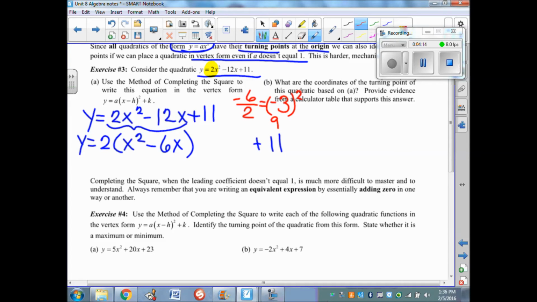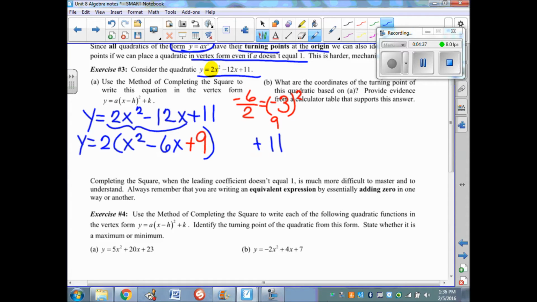I do have to extend my parentheses just a little bit, but I'm going to keep my pen red. Notice that I put the parentheses there, but I put that plus 9.